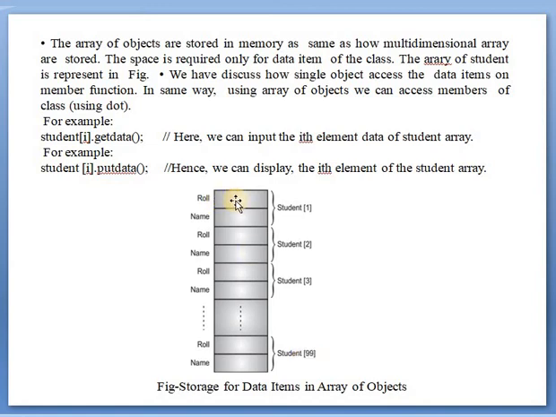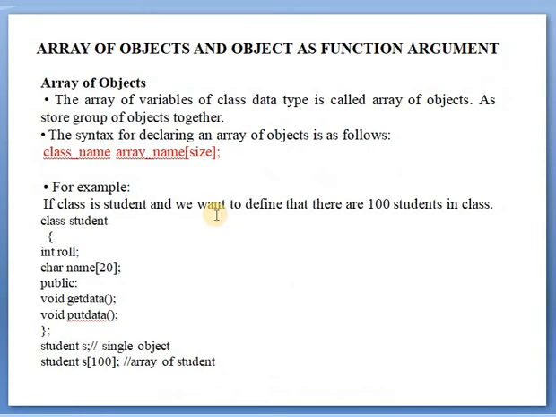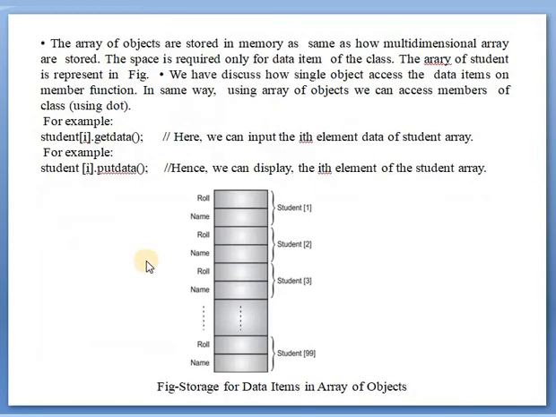Roll number requires 4 bytes because it is an integer. The character array requires 20 bytes. So each object requires 20 plus 4, that is 24 bytes, and 24 bytes into 100, because memory is allocated for the 100 objects.